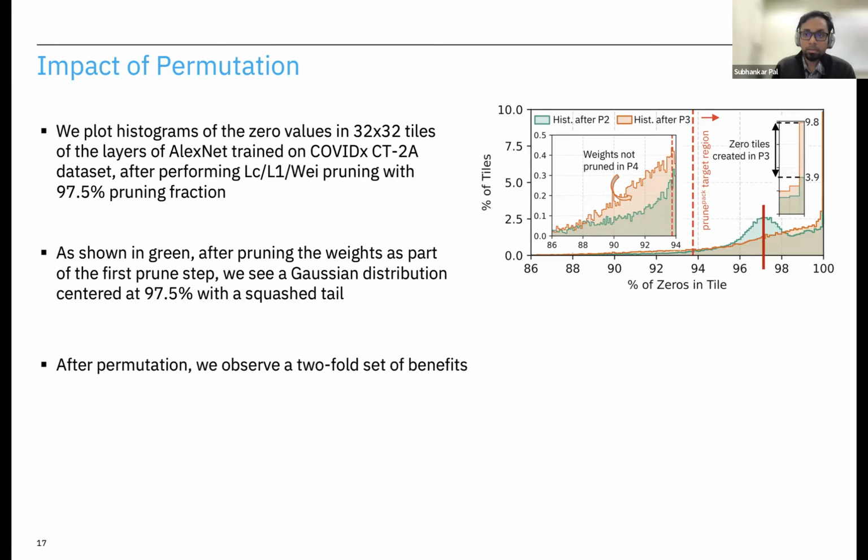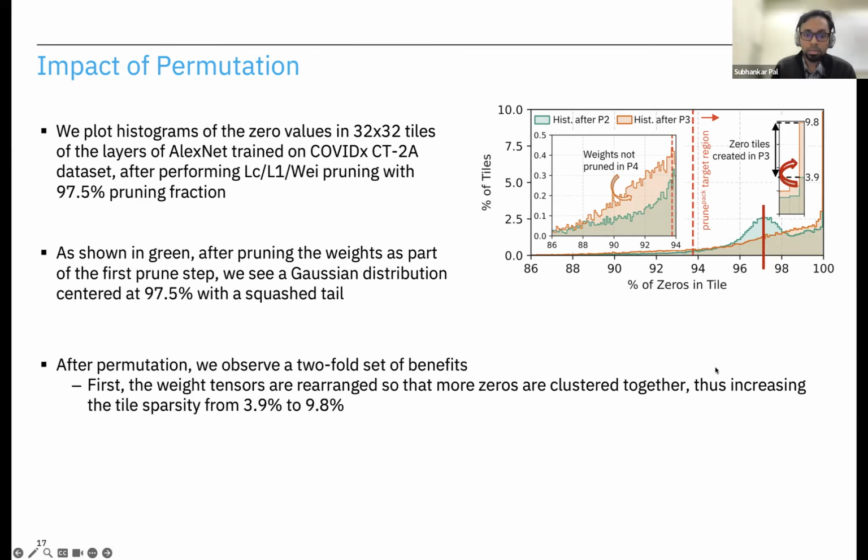What we're doing after permutation is that two benefits emerge out of it. The first thing is that what really matters is how many tiles have all zeros, as I mentioned at the very beginning of this presentation. We're increasing that from 3.9% to 9.8%. That is the number of tiles that have all zeros and no non-zeros at all.